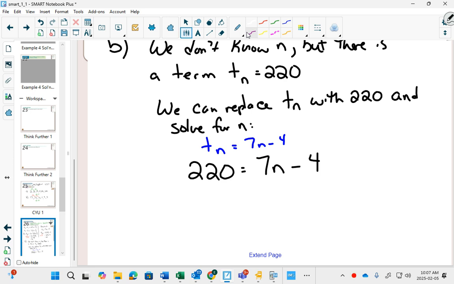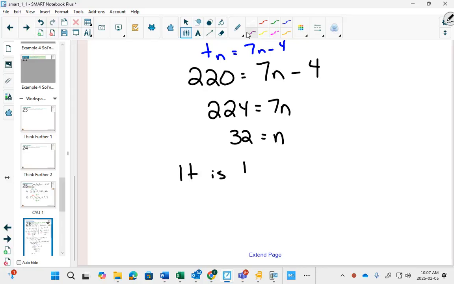Even though we don't know n, we knew what it was equal to as the whole term. And now it's easy algebra to solve. We add 4 to both sides, and divide both sides by 7, and I think you get 32. Yep, that's what it says at the bottom. So n is 32. The question said which term? It is term 32.